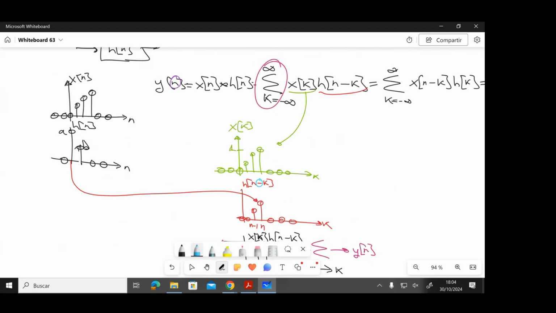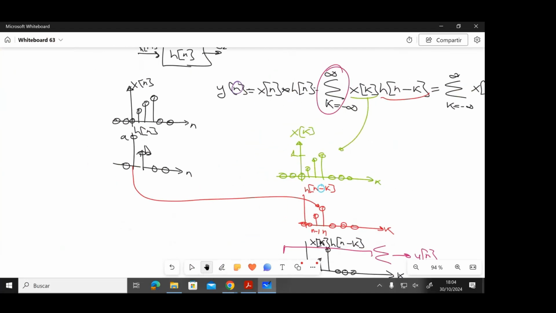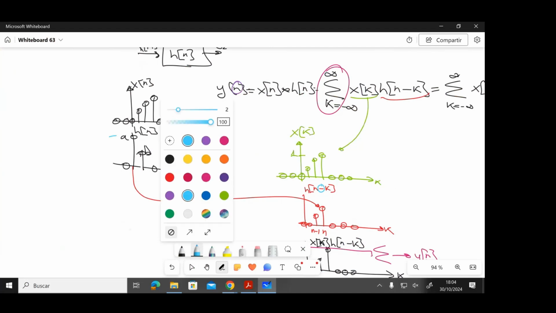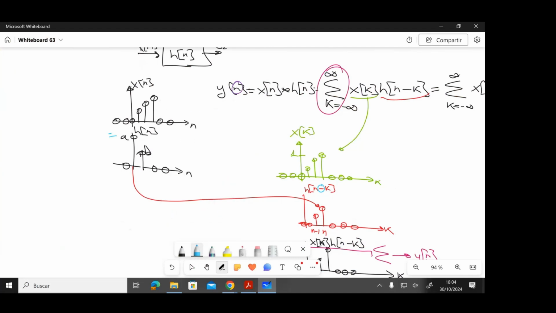So I can rewrite this kernel as A delta n plus B delta n minus 1. I can write it that way.